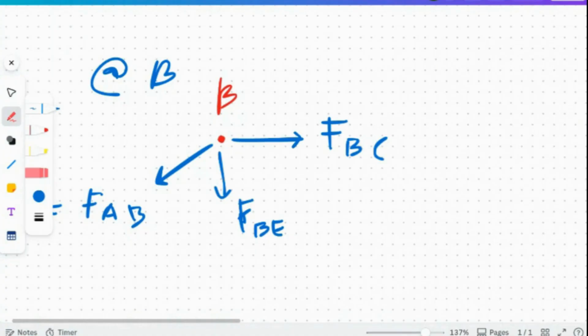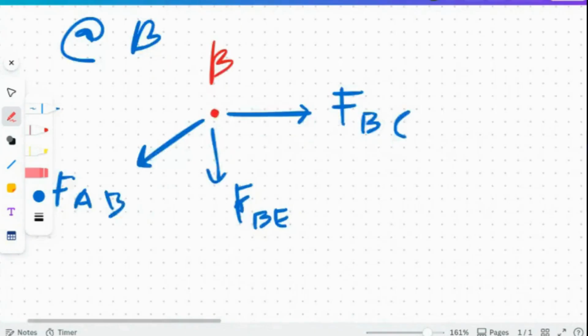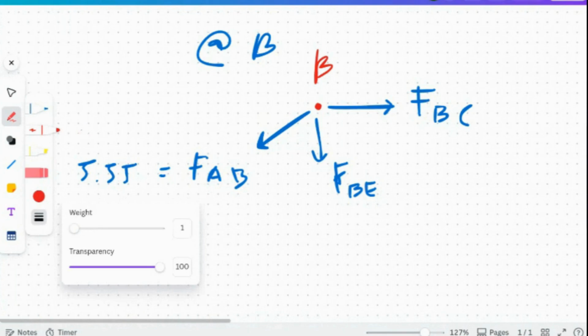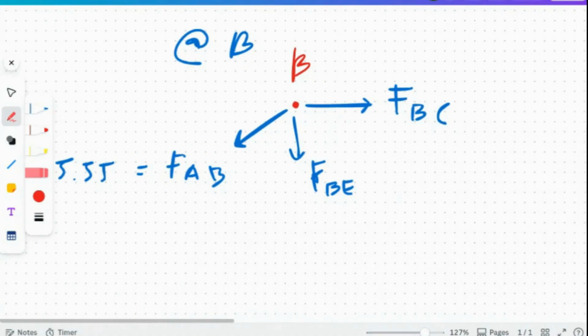Okay. So practically now we just need to break down the FAB into its components, because the moment we do that, we have our vertical forces and horizontal forces, right?